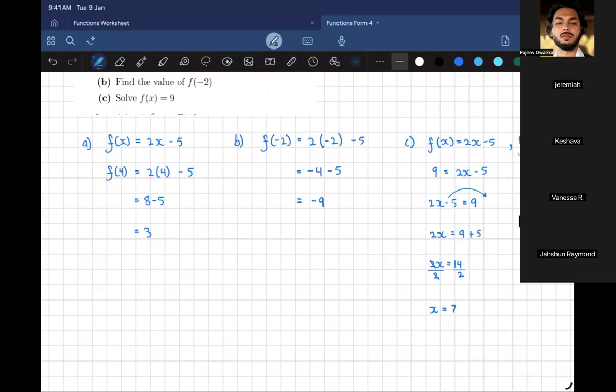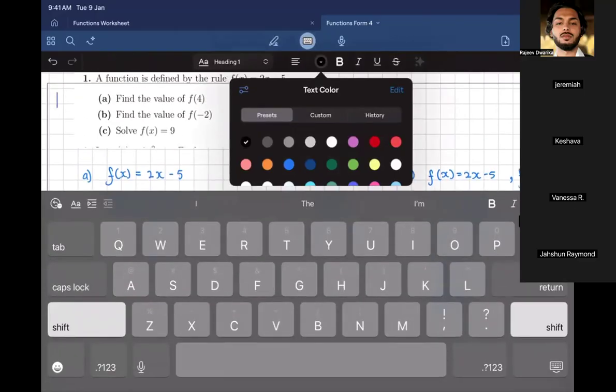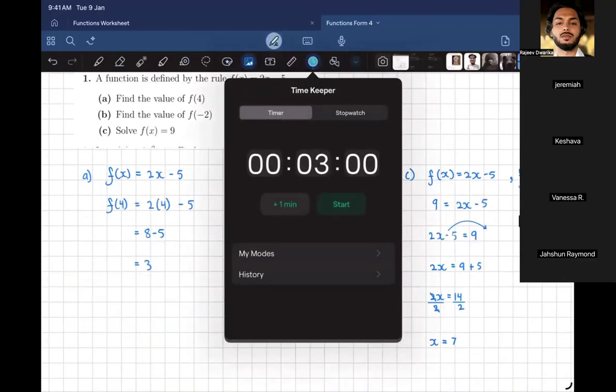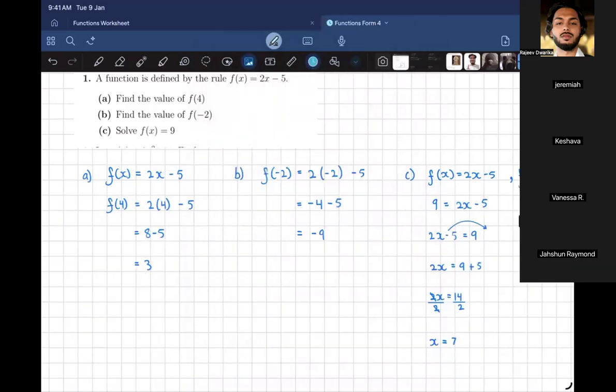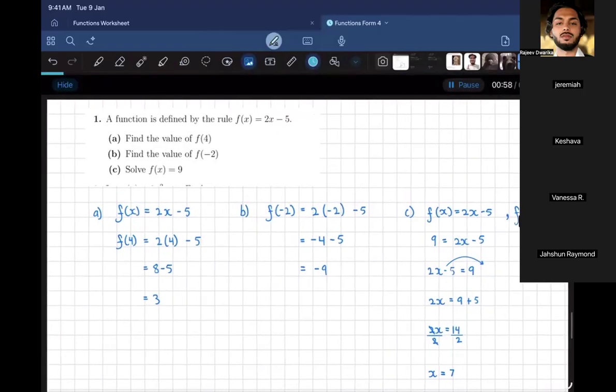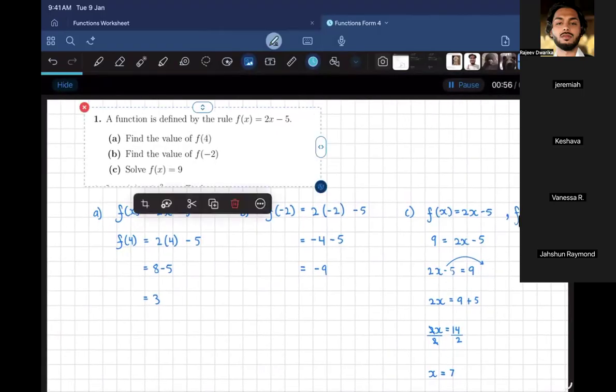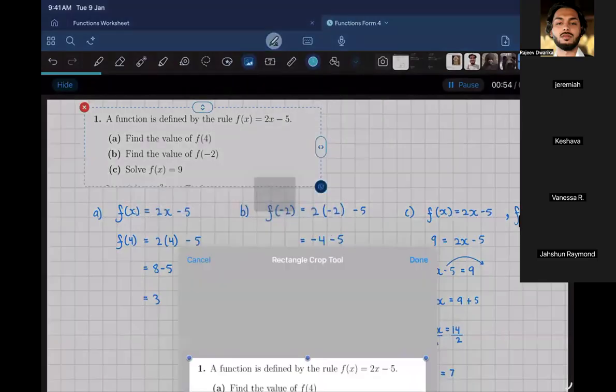If any of you could figure out how to prove if our answer is correct, big up yourself. I've given only 1 minute to figure that out. 3 minutes is too much. How could I prove if x is equal to 7 is correct? Anybody in class?